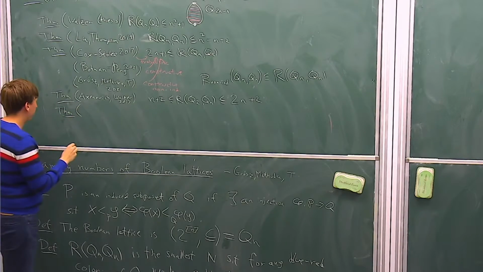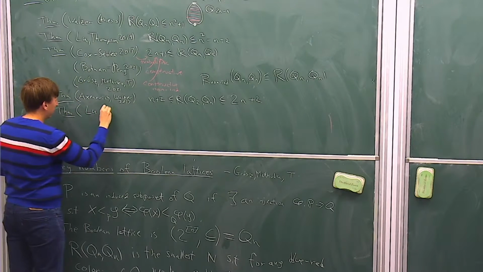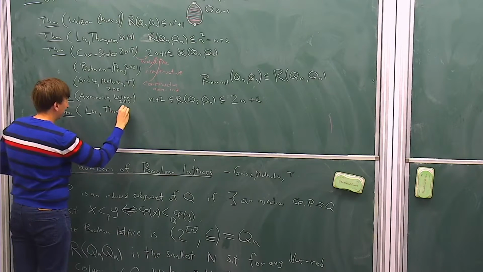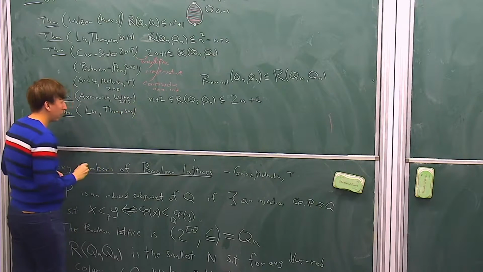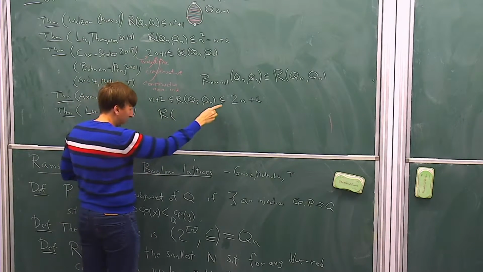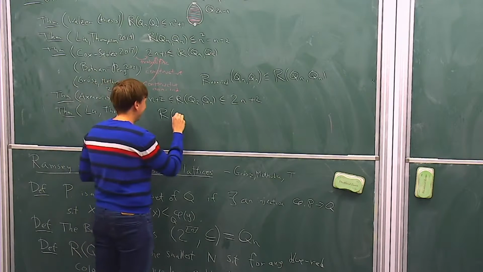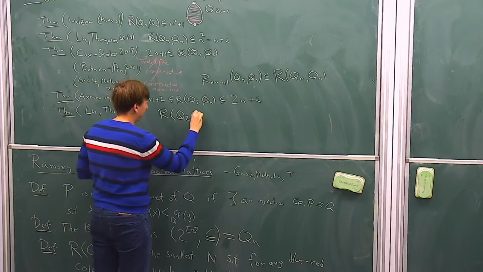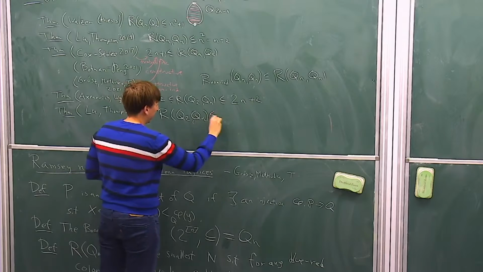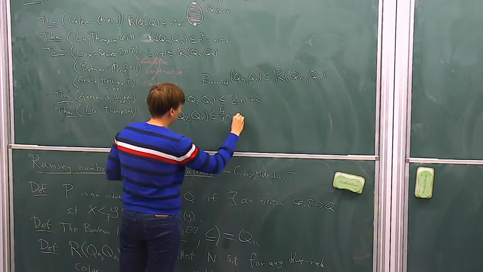So this was improved by Liu and Thompson in the same paper. They proved that this upper bound of 2n, actually we can improve it to 5/3 n. So the Ramsey number of Q2 versus Qn is at most 5/3 n plus 2.